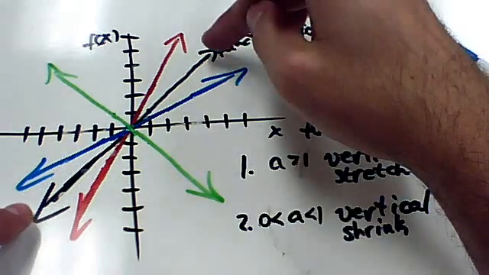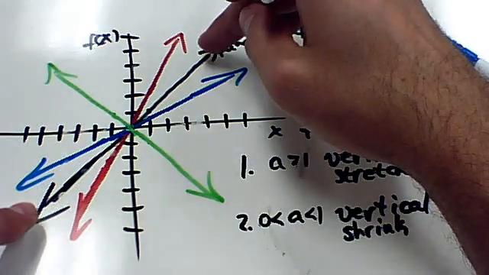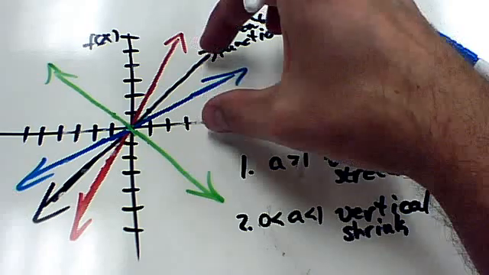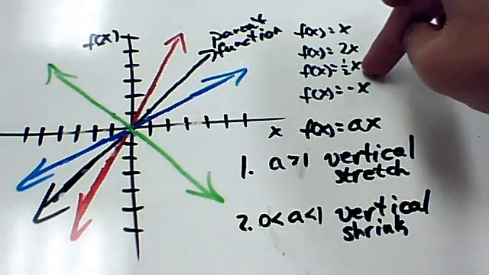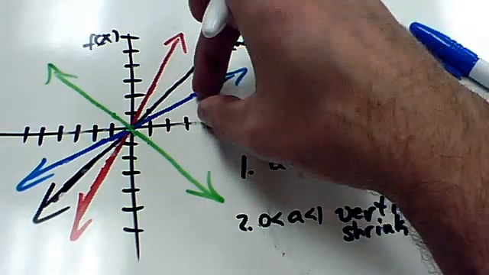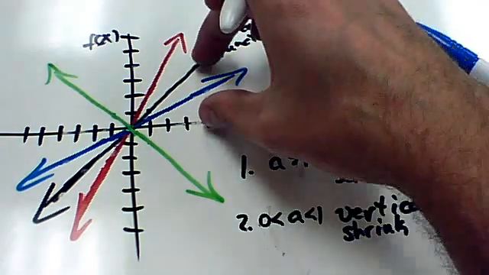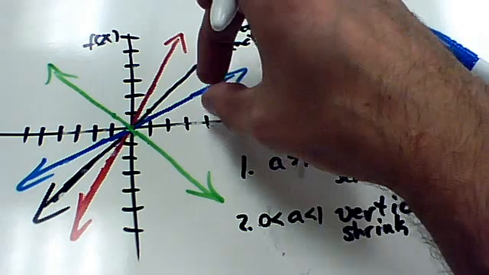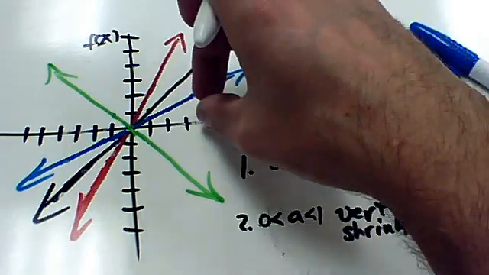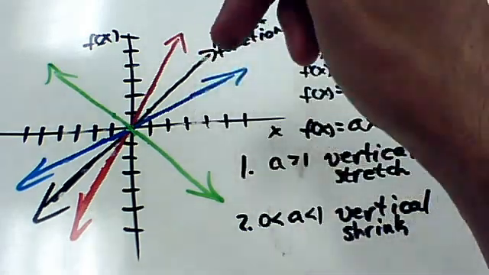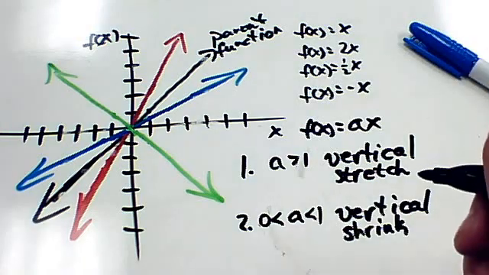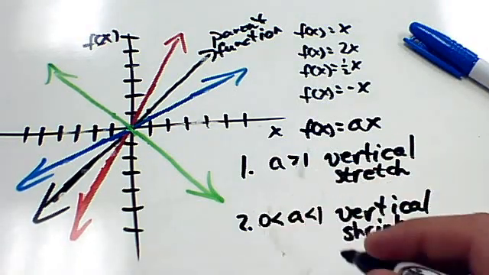We would take this function, and the height shrunk. Since it was 1/2 x, it cut the height in half. If it was 1/3, it would take this height and cut it into 3 parts and only take one of those parts. So it would be smaller and smaller and smaller. Okay, so that's the second one.